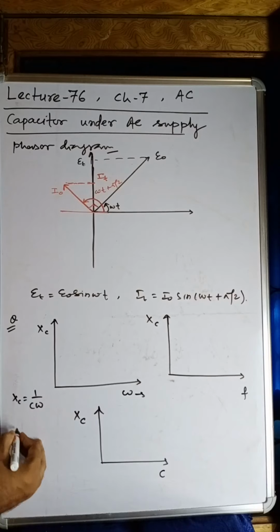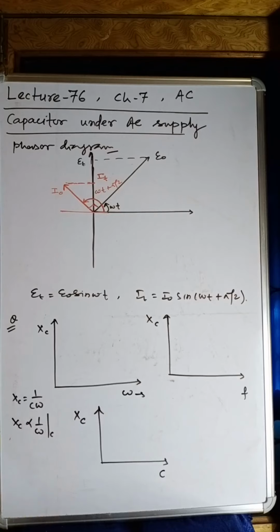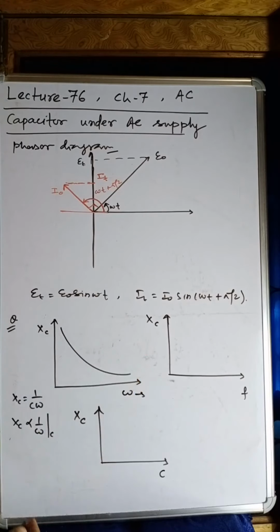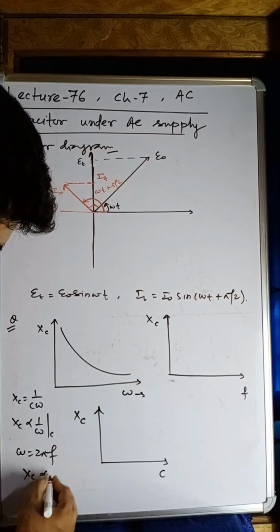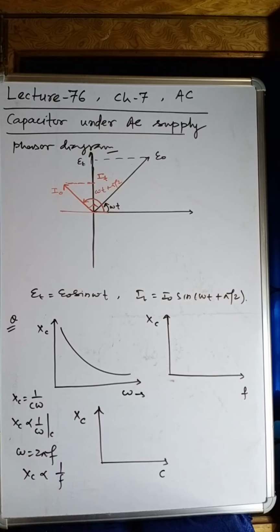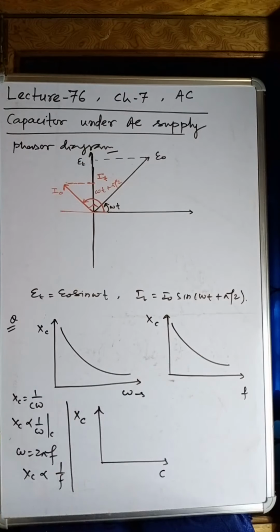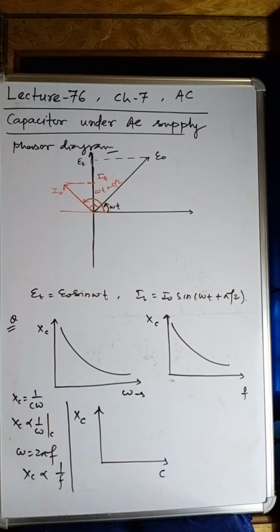If C is constant, then Xc will be inversely proportional to omega. And if Xc is inversely proportional to omega, then you know the graph will look like this. Second, since omega is 2 pi f, Xc will be inversely proportional to f, so the graph will be the same. Now, Xc is 1 by C omega.